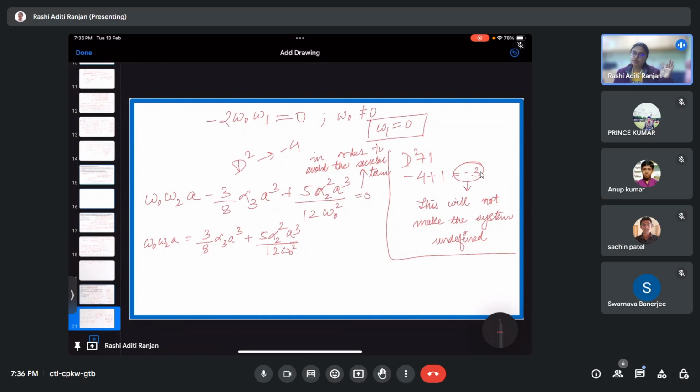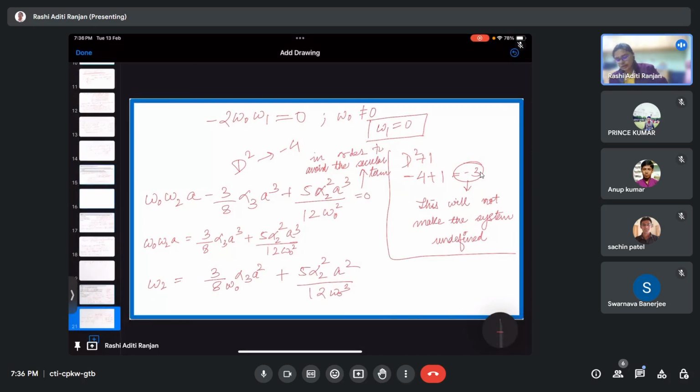So I have A common on the LHS and RHS, so I'm going to take it out, and then I can write omega 2 as 3 by 8 omega naught alpha 3 a square, and then plus 5 alpha 2 square a square divided by 12 omega naught cube. Correct?